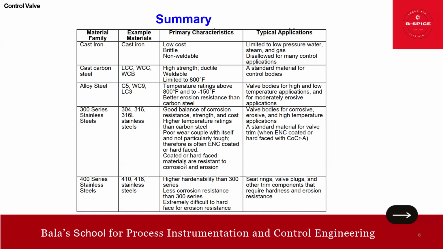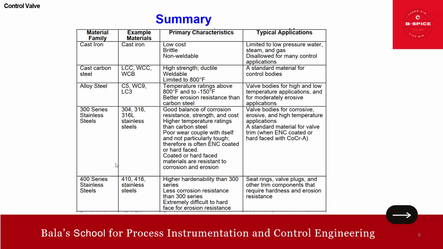Another point: coated or hard faced materials are resistant to corrosion and erosion. That is a general point. So in application, valve bodies for corrosive, erosive and high temperature applications, we can use this. And as a standard material for valve trim, we can have this hard faced with Stellite also.